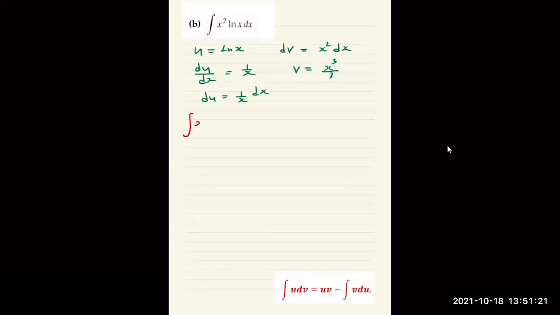So my original integral, x squared ln x dx, is equal to uv minus the integral of v du. What is u? What is v? u is ln x, v is this function. uv is ln x times x cubed over 3, minus the integration of v du.